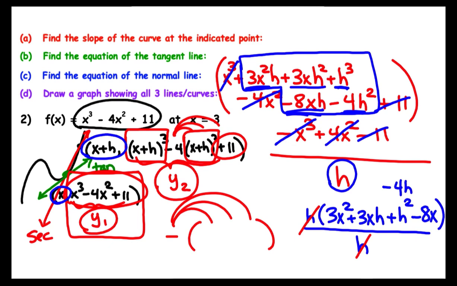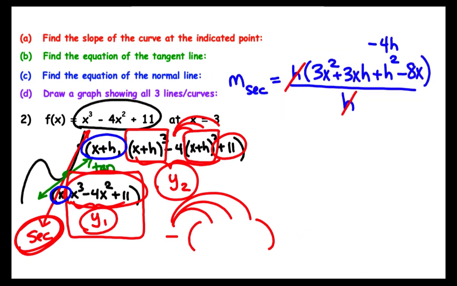And this whole thing I've been doing so far is the slope of the secant line, which is the line I don't totally care about. But that's okay. Now to make the transition, I have to create some room for myself. All right, that's the slope of the secant line, but I don't want that. I want my tan line. How do I get from the slope of the secant to the slope of the tangent?